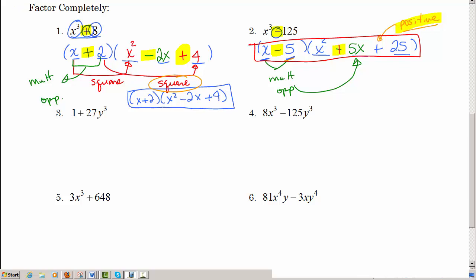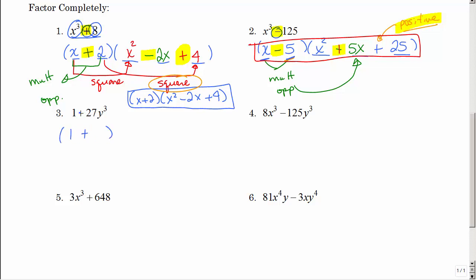Let's keep going. Number 3, we have the sum of two cubes. It looks backwards. Let's just keep it like it is. We need a plus sign. Then 1 times 1 times 1 is 1. And then what makes 27 is 3, and we have to have the y. Then we have our trinomial. So we want to square that, put it in front, square that.